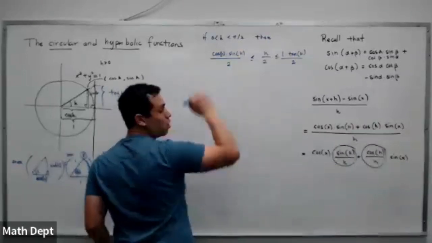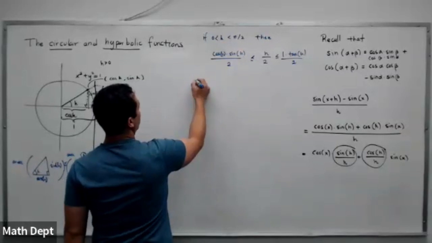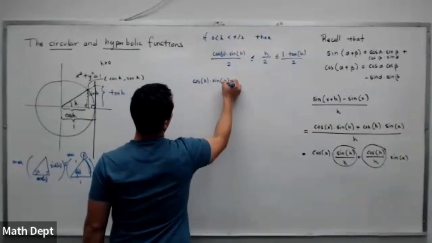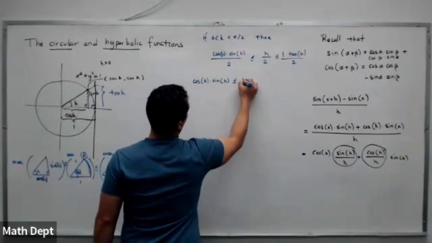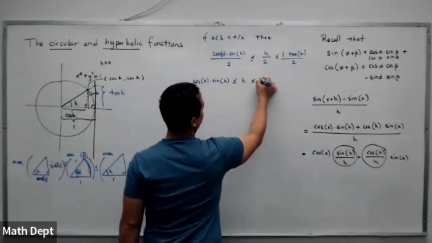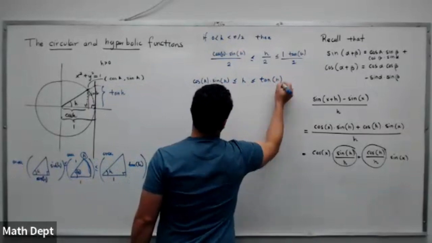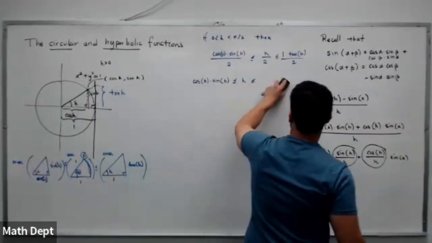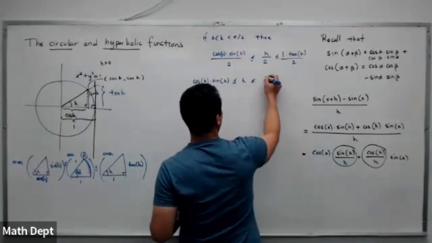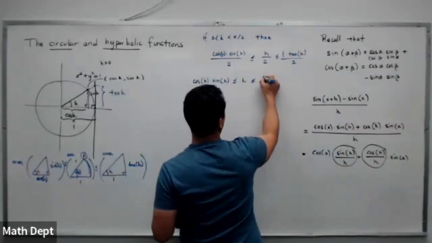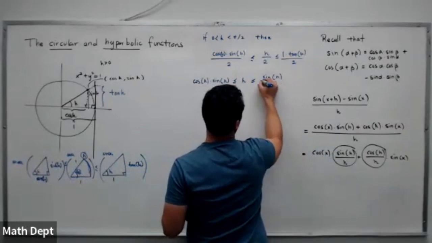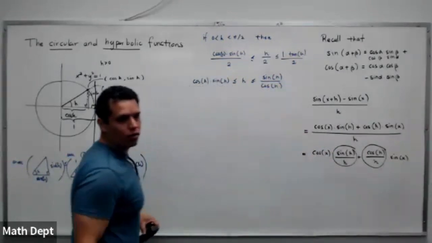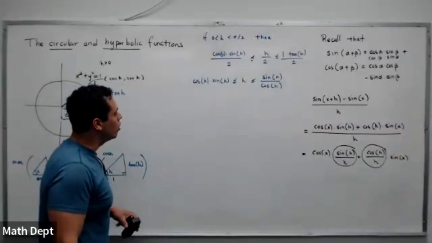We multiply everywhere by 2, and you get cosine of H times sine of H is less than or equal to H, which is less than or equal to tangent of H. But then I'm going to recover tangent as what it is: sine of H divided by cosine of H, recalling the definition of tangent as a trigonometric function.